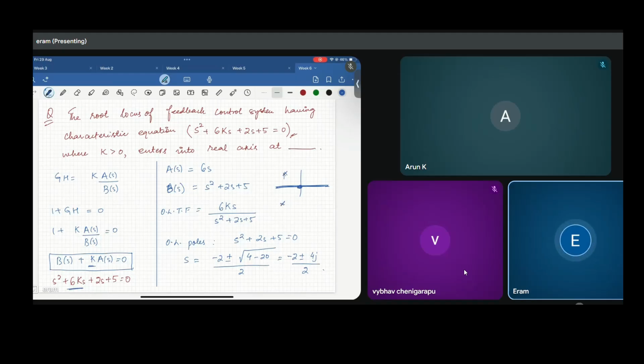Then what we can do is think of the break-in point, or breakaway point. If that is the case, then we know that it will hit the real axis at some point.